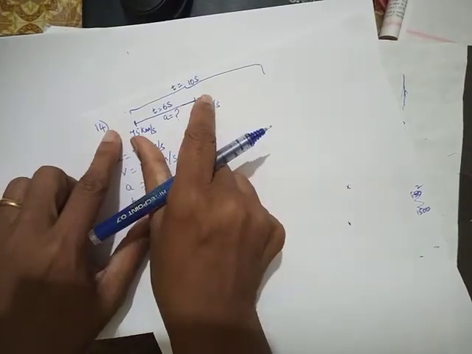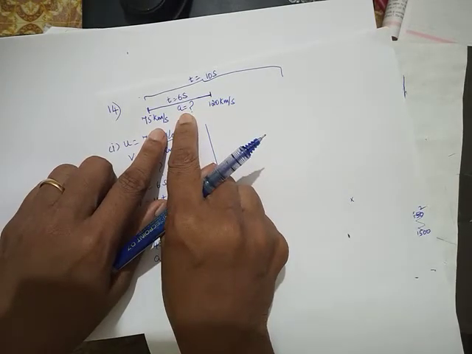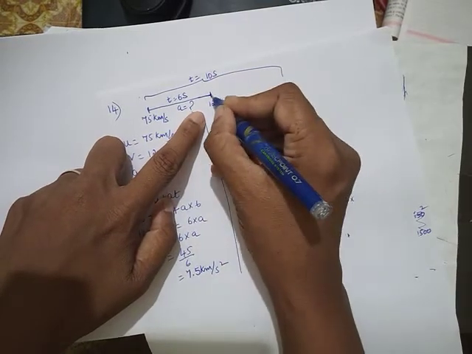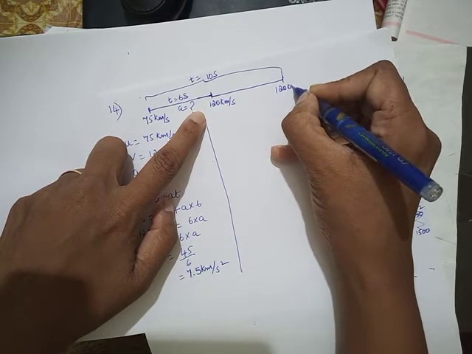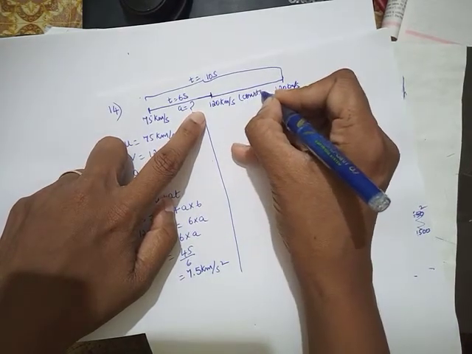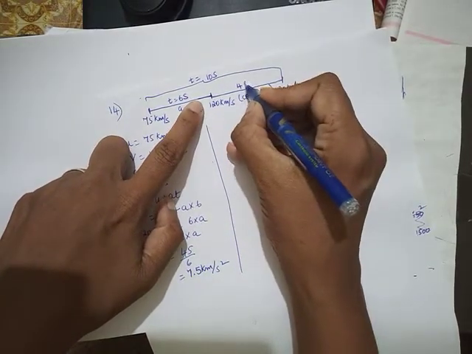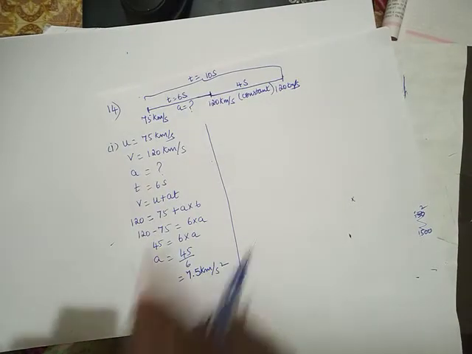In the first 6 seconds the motor was on, meaning acceleration was going on, and after that it will be moving with a constant velocity of 120 kilometer per second for the next 4 seconds, because 10 minus 6 is 4 seconds. Have you understood, children?